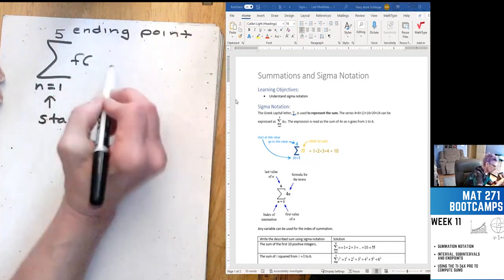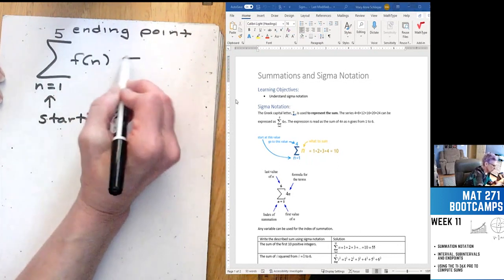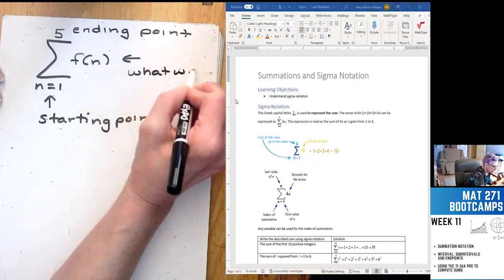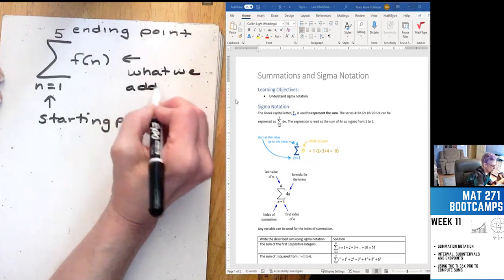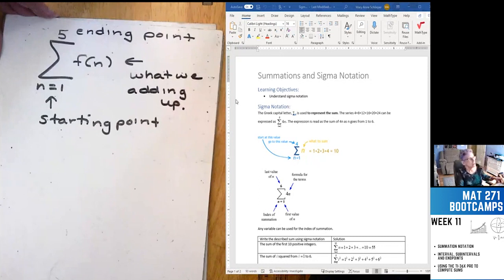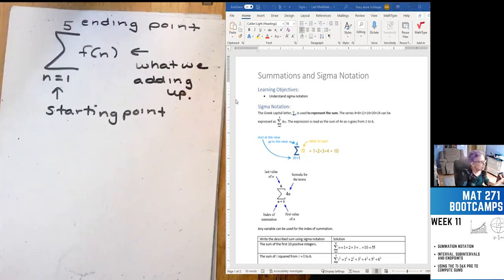And then we'll have a function in here that we're adding up. So we'll start with something really simple.